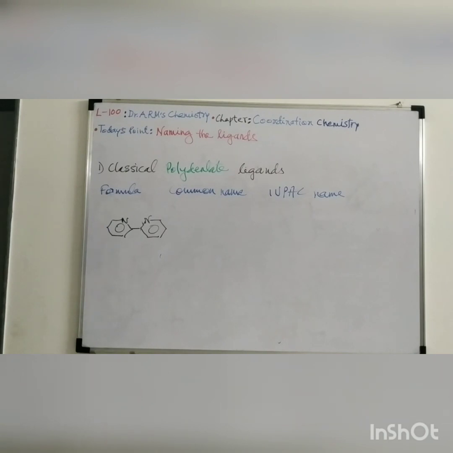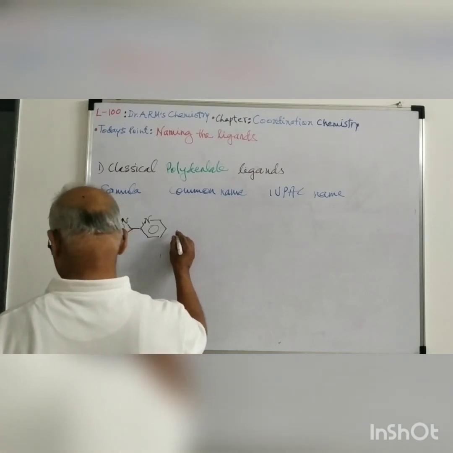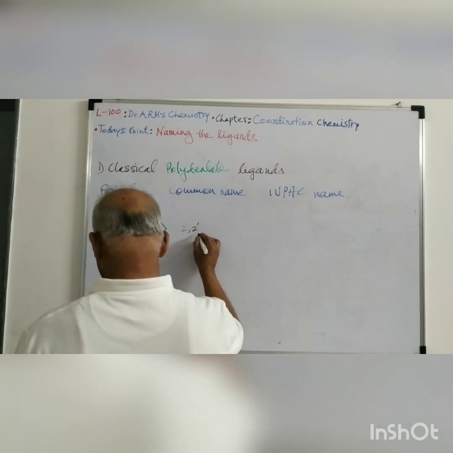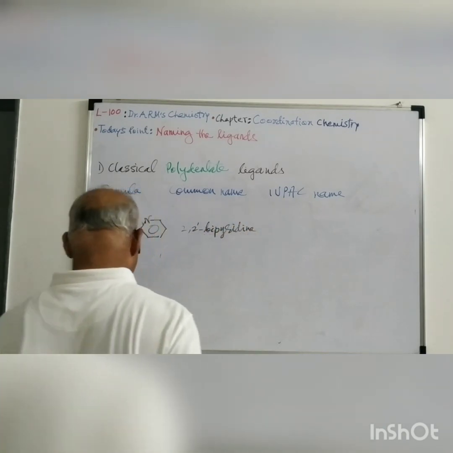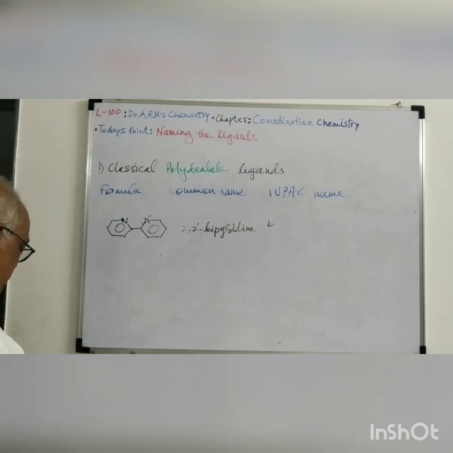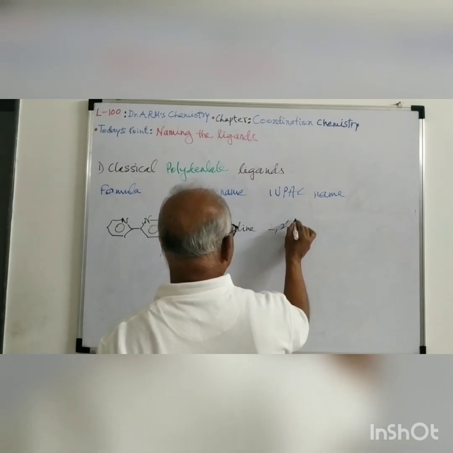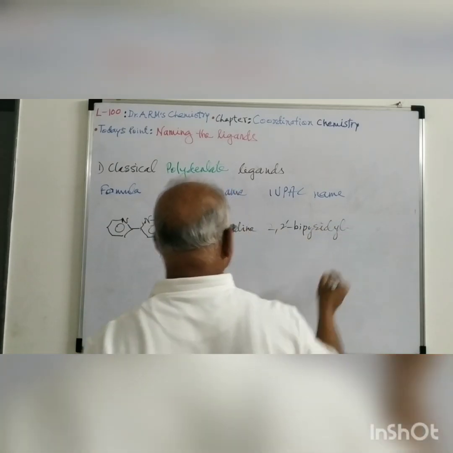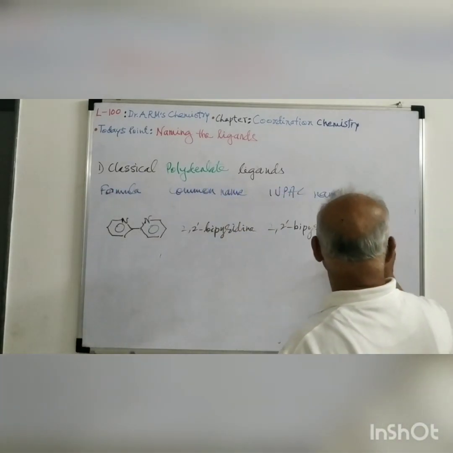So this is bipyridyl, normally called bipyridyl, 2,2'-bipyridyl. Shortly it is called bipy.